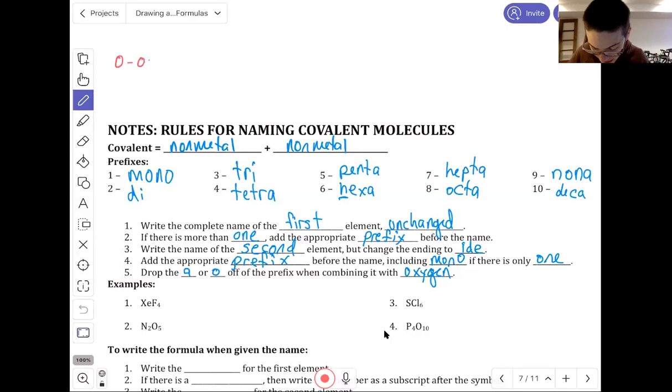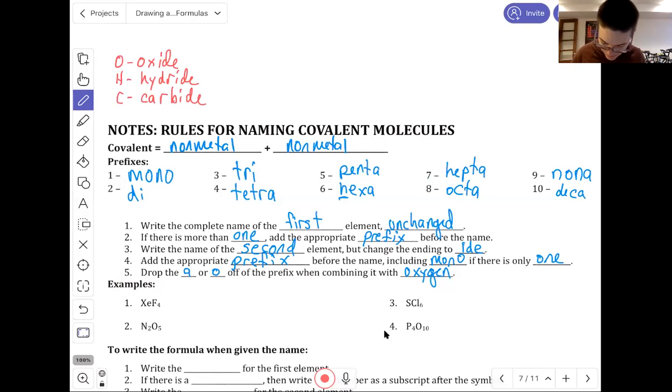Oxygen becomes oxide, which is easy, right? Hydrogen becomes hydride. Carbon becomes carbide. So you basically end up keeping the first syllable of the element name and chopping off the rest and adding ide.